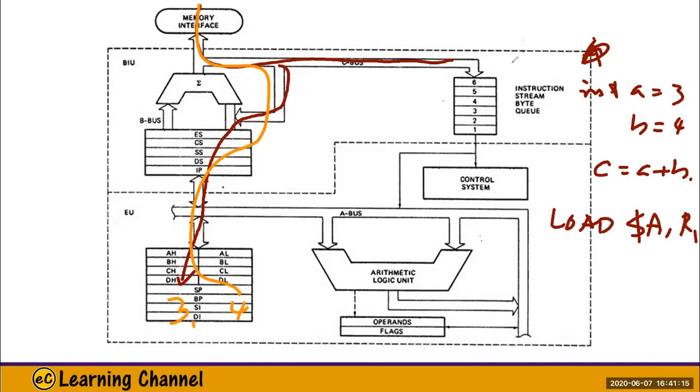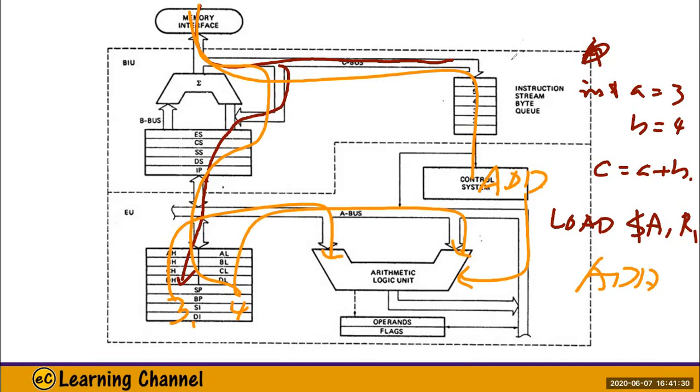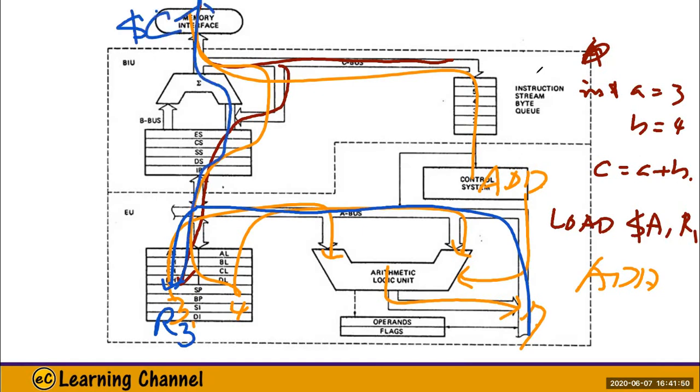After that you see an add operation. You get the instruction, it says add, so I add register 1, 3 over here and 4 over here, and the two sum together. The two calculate to 7, and this 7 is written back to register 3. Then register 3 is read out and sent to memory for variable C.